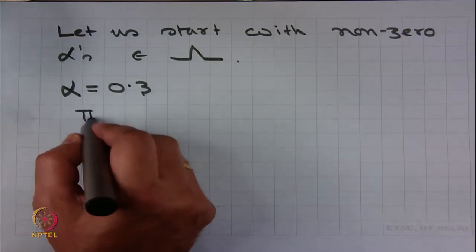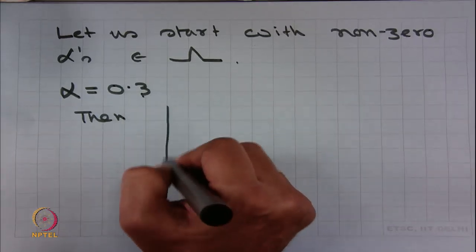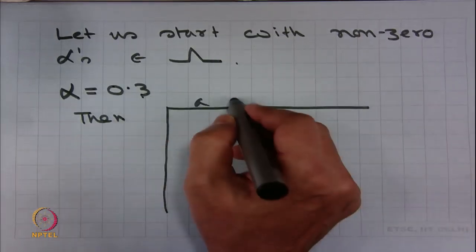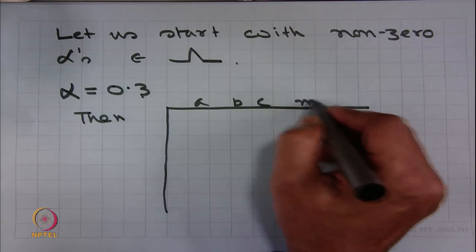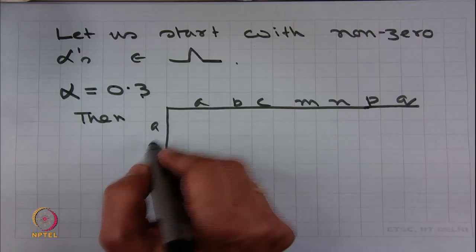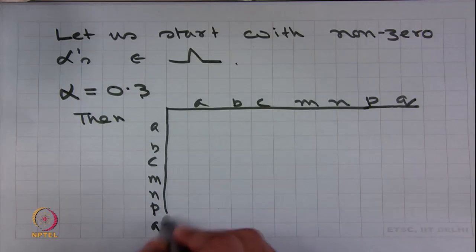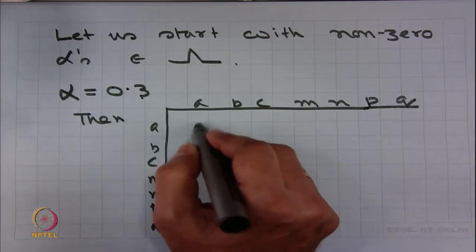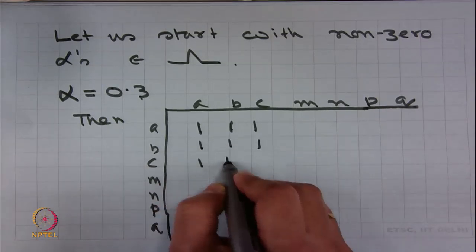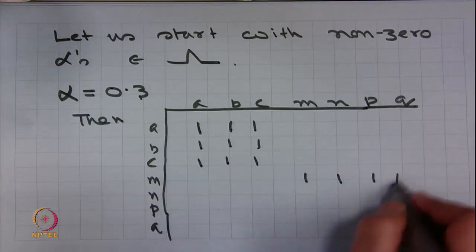Then the matrix that we will get is, with rows and columns A, B, C, M, N, P, Q, we are going to get 1, 1, 1, 1, 1, 1, 1, and here we get 1, 1, 1, 1, 1.